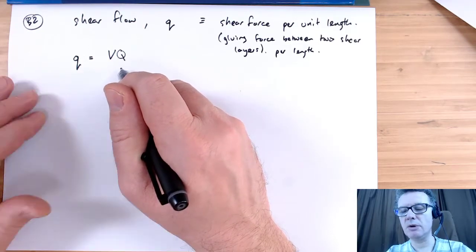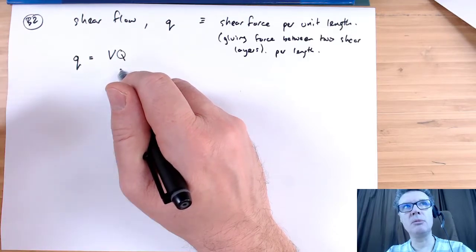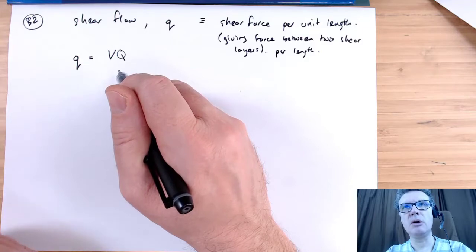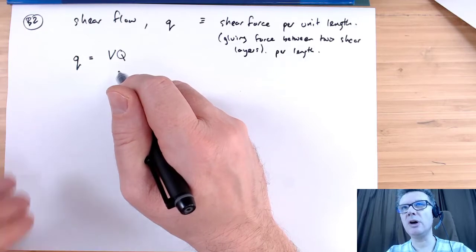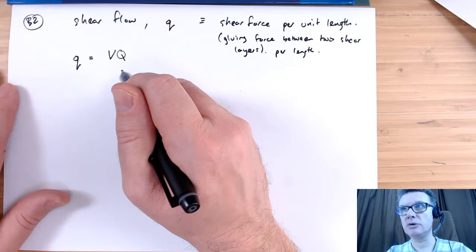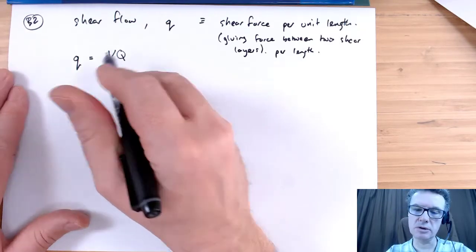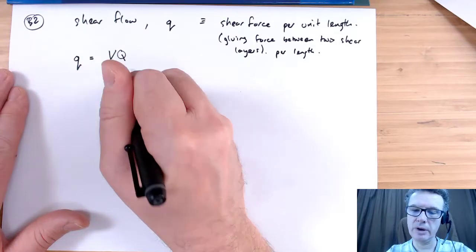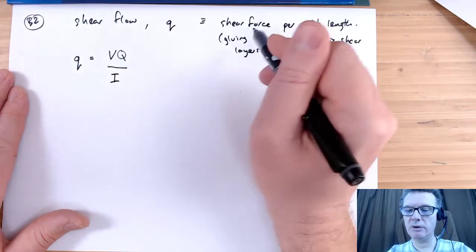So it'll be the first moment of area where you go from the top to the lower position, and that lower position is where you're working out the shear flow at that particular location. Talk about that in a minute. And then divided by I, the second moment of area.